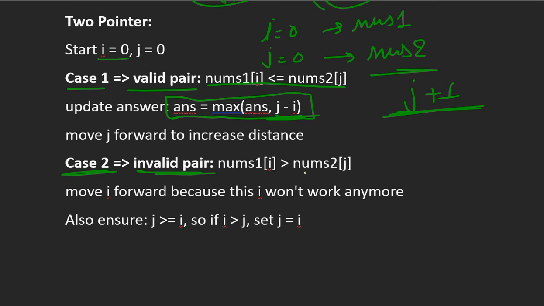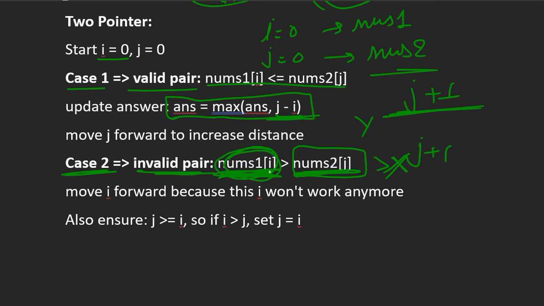If the pair is invalid and we increase j, we get elements smaller than this. Suppose we get x, so x will be smaller than this element, so there is no point of increasing j. So we increase i. If we increase i, suppose we get y, so y will surely be smaller than this element.